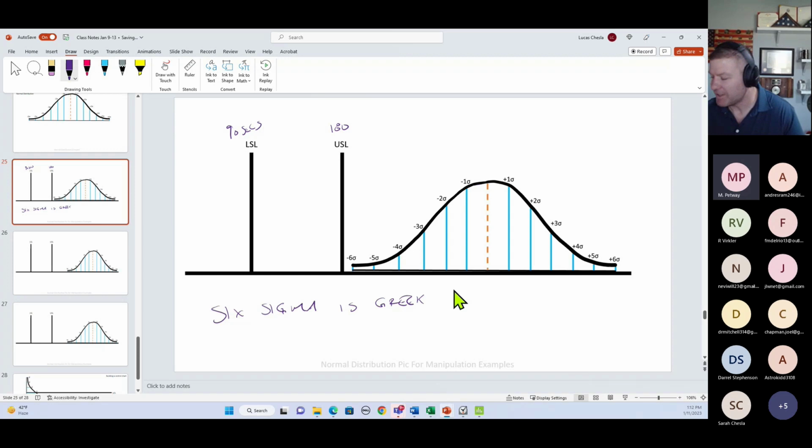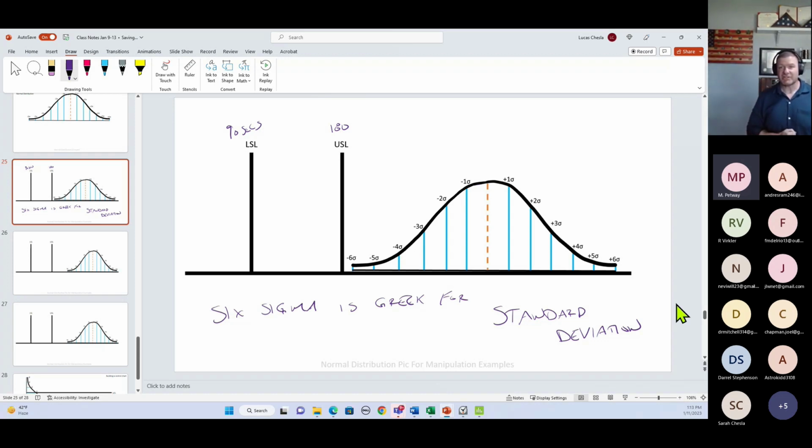What do you think it's Greek for in English? Standard deviation, what you just calculated. So sigma is the word for standard deviation.